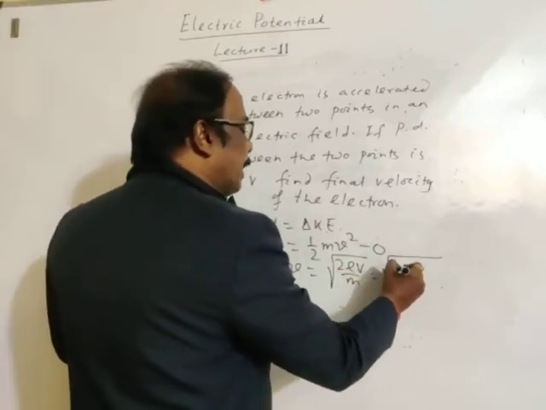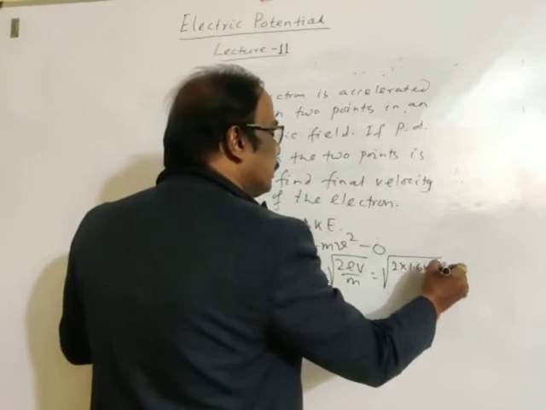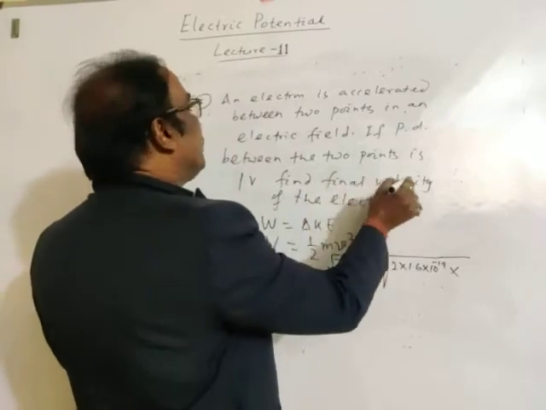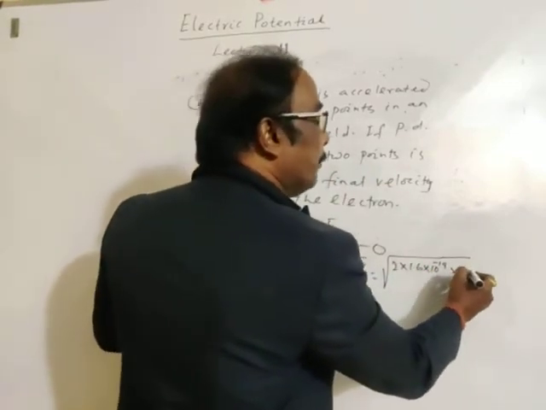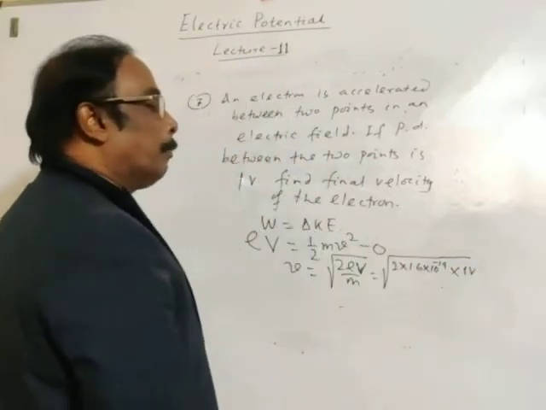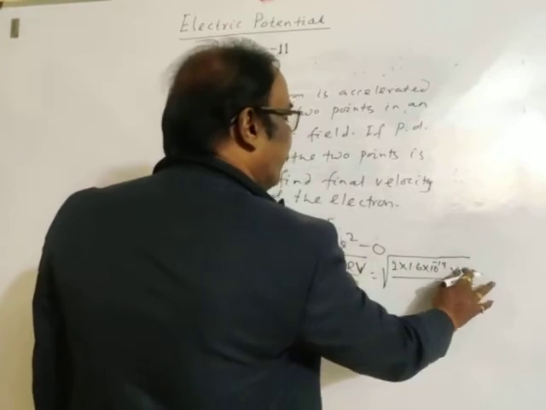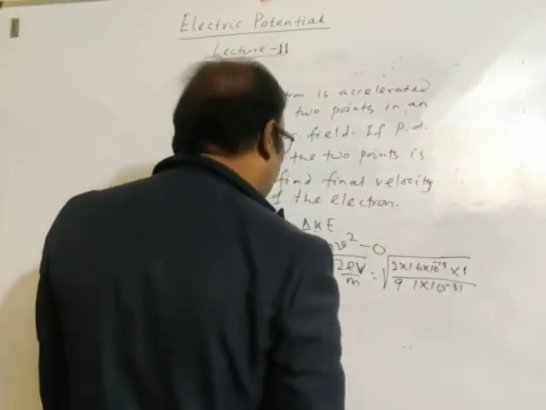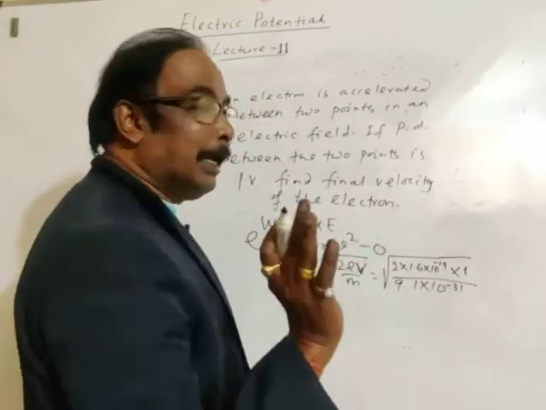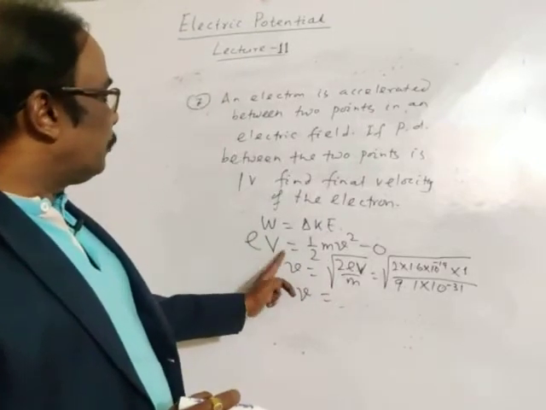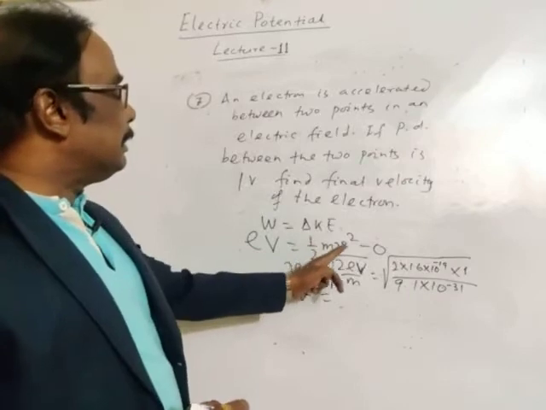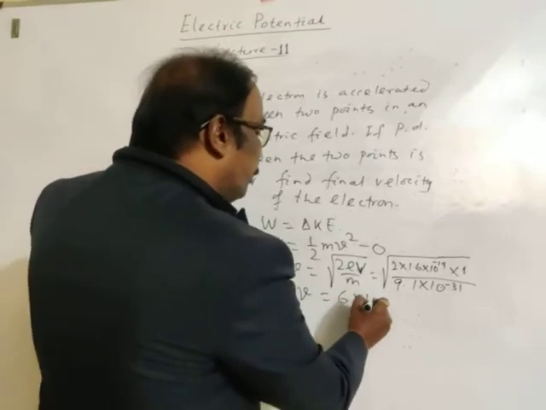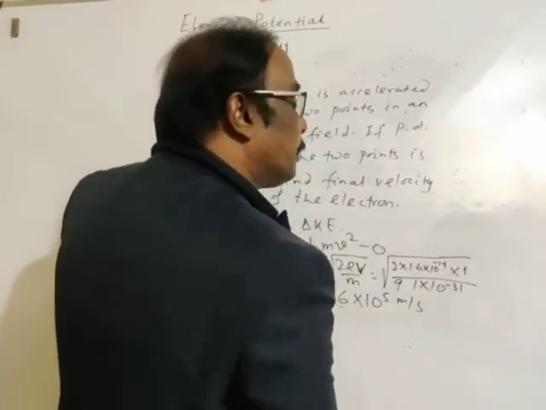Square root of 2, charge of electron 1.6 into 10 to the power minus 19 coulomb, potential difference V, 1 volt, divided by mass of electron, 9.1 into 10 to the power minus 31 kg, and solving you will get final velocity 6 into 10 to the power 5 meter per second, okay.